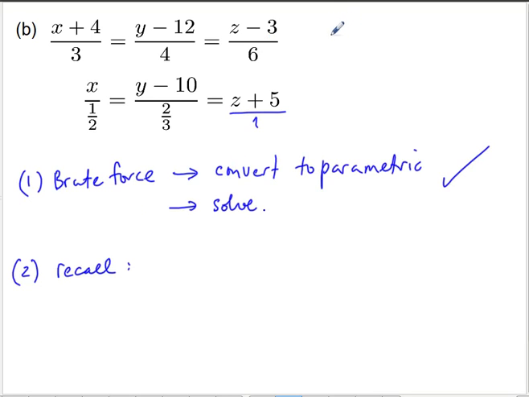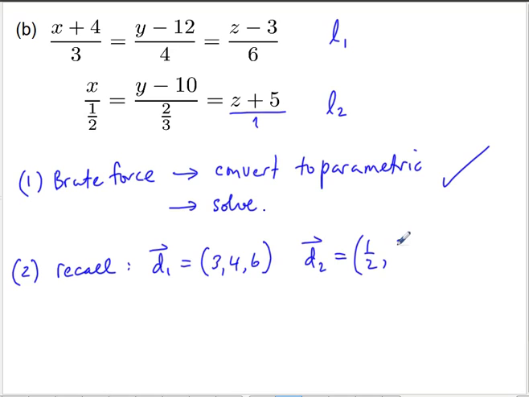So if we call this one line 1 and we call this one line 2, then that means my direction vector for line 1 is simply equal to 3, 4, 6. And my direction vector for line 2 is equal to 1/2, 2/3, and 1.